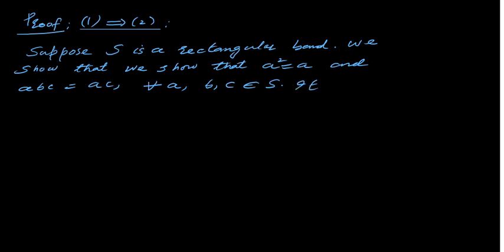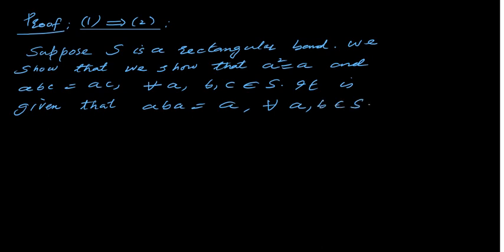So it's given that ABA is equal to A for all A, B belongs to S, the rectangular band.